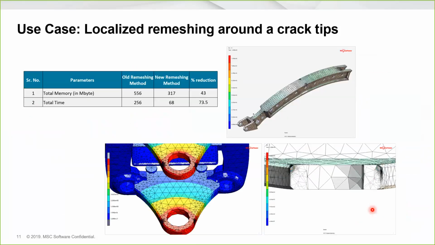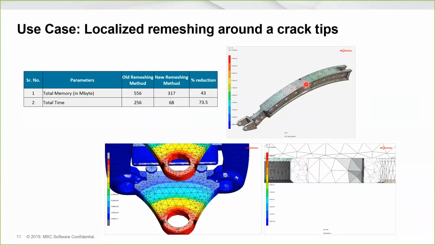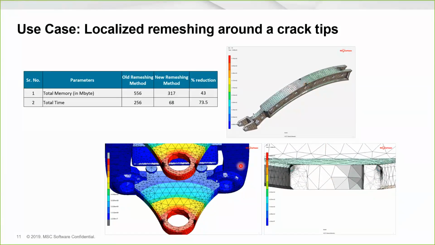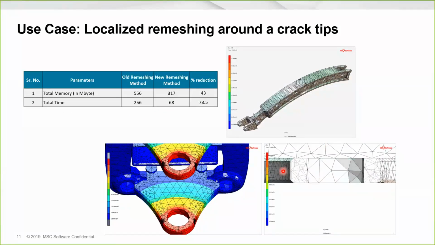So if we look at it in action, you can see here we have 2 cracks, and you can see that we have a region around it of which we adjust the mesh and a large region which we don't. Likewise, here you can see one view and another view of a cut of this double lug with cracks, and you can see that we're only remeshing around the crack tip.